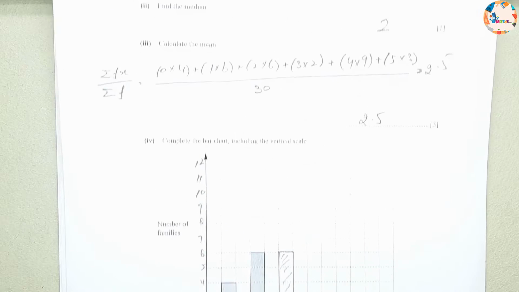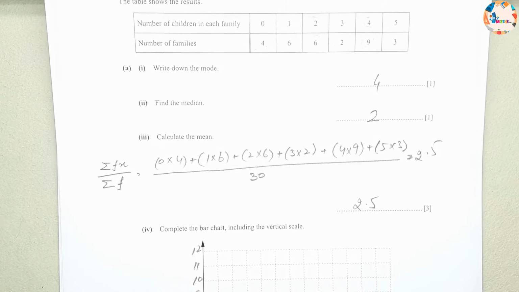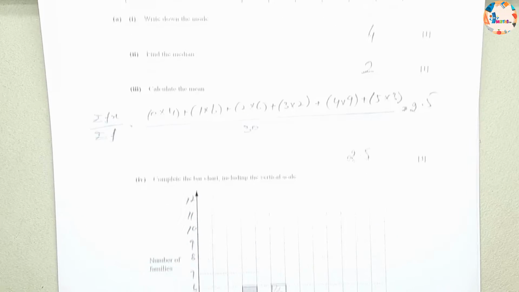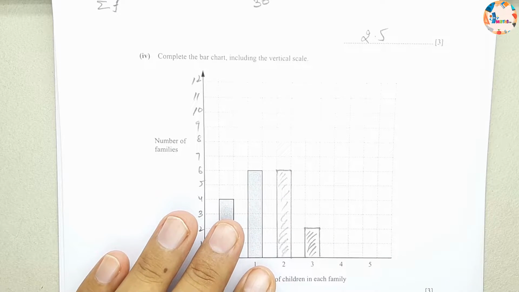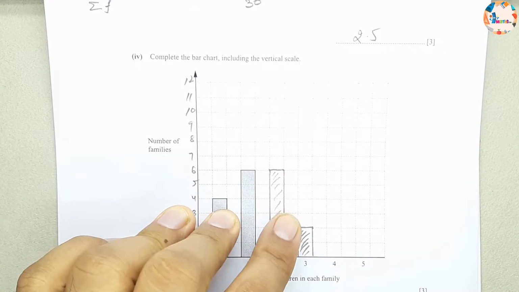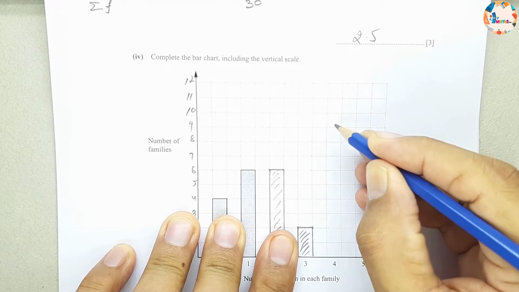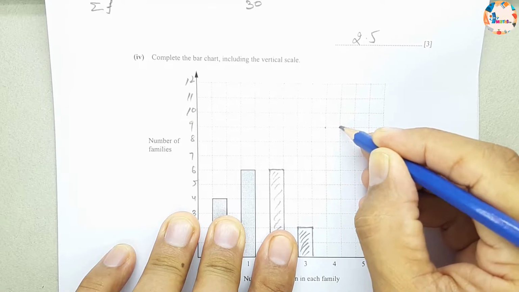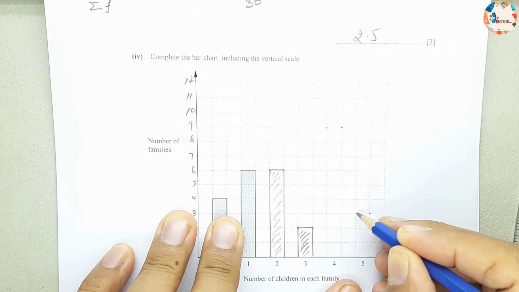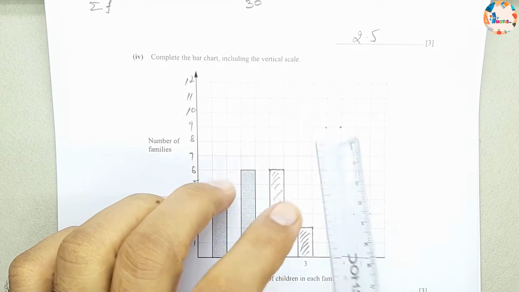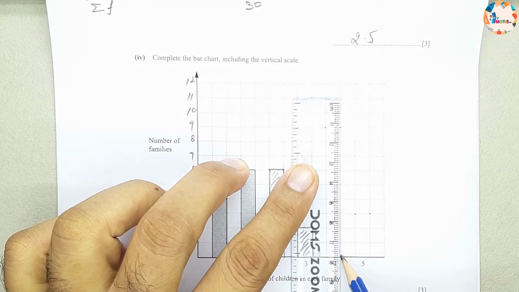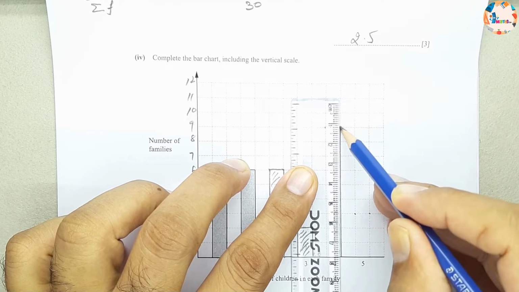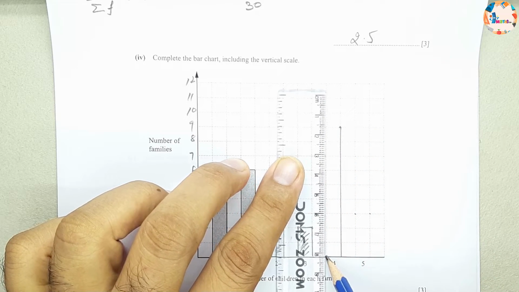Then 4 is 9 and 5 is 3, so 4 is 9 will be up to this one, and 3 will be up to this one. So I'll draw both the bars, 9 for this and 3 for this.